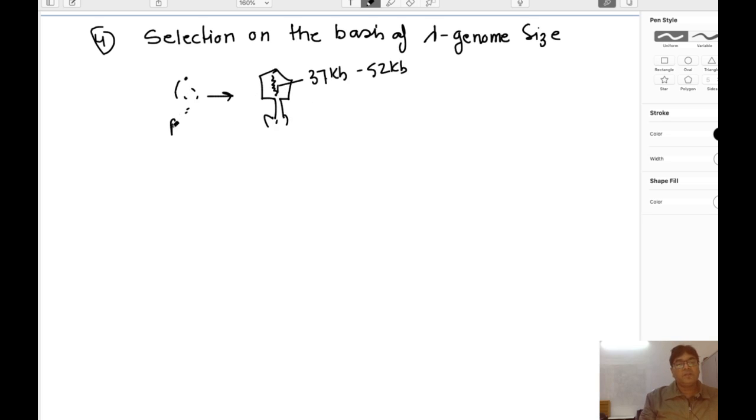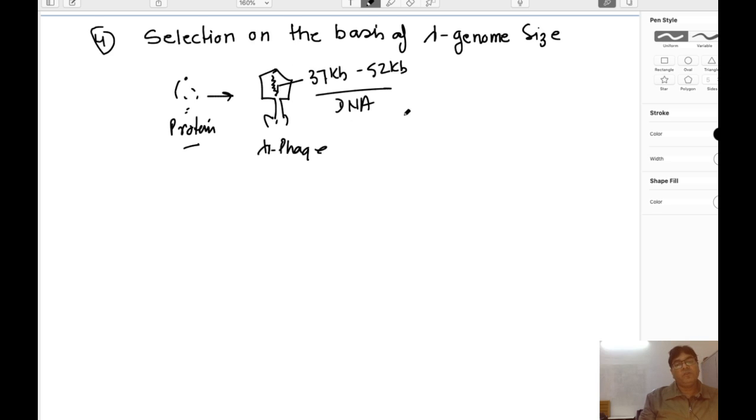Alright, so these are the proteins, and when these proteins are organized in the form of lambda phage, this lambda phage can take up the DNA from 37 kb to 52 kb. Especially if it is less than 37 kb size, then it cannot be packed.